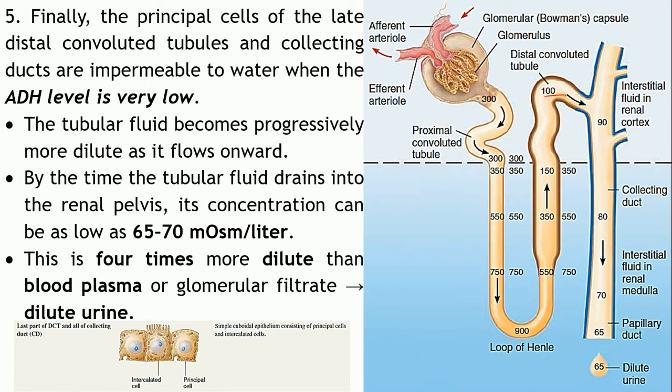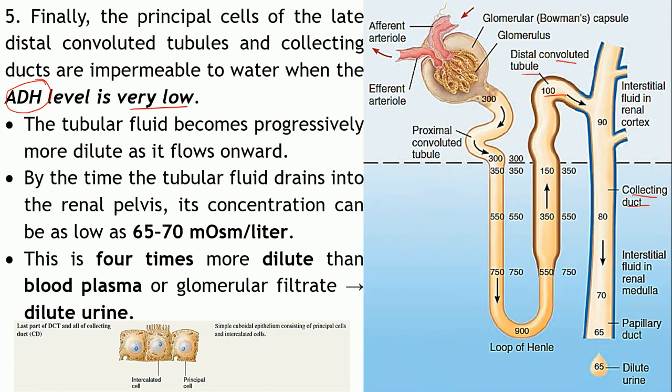Now as it flows along the late part of the distal convoluted tubules or the collecting ducts, the types of cells which are lining the tubular wall are sensitive to the levels of ADH, right? So if the ADH levels are low, what will happen?